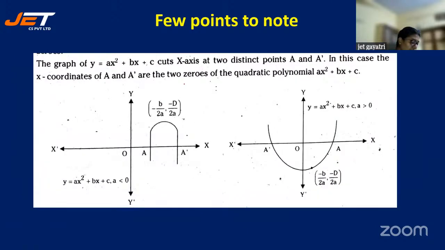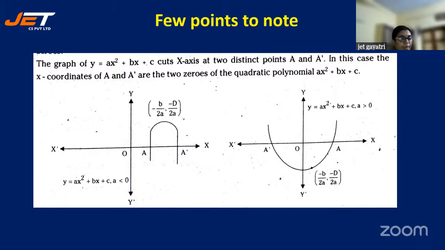All right. See the next one. The graph of y is equal to ax square plus bx plus c cuts the x-axis at two distinct points, say A and A dash. In this case, the x coordinates of A and A dash are the two zeros of the quadratic polynomial ax square plus bx plus c. So you can see here A dash, and you can see the other way where one is positive, the other one is negative.